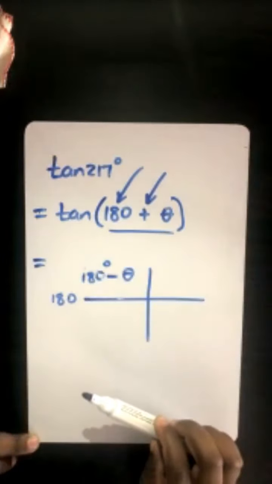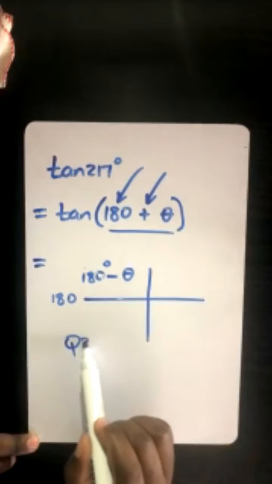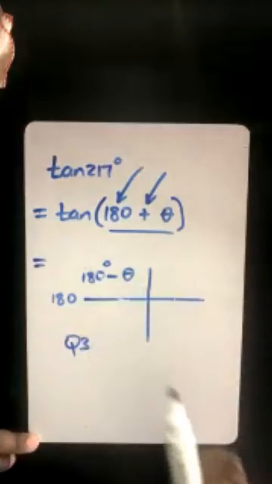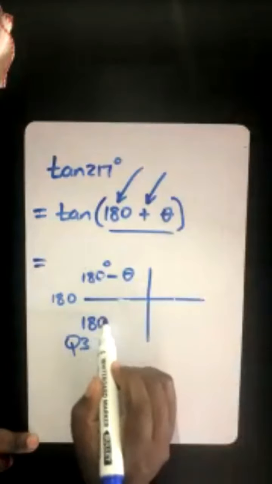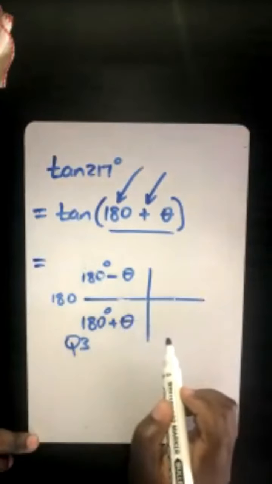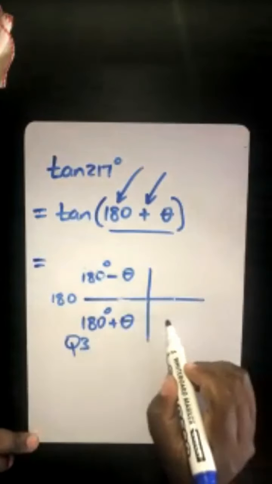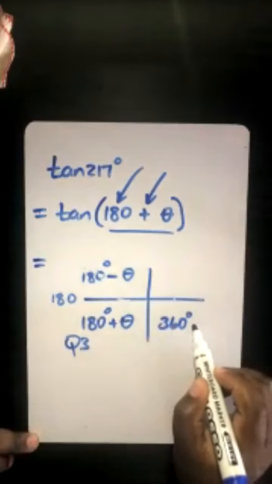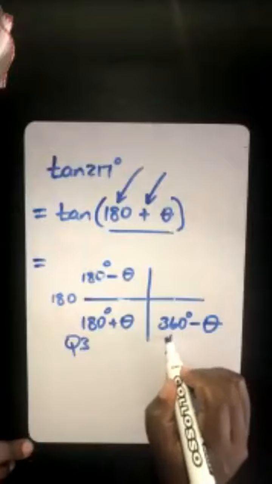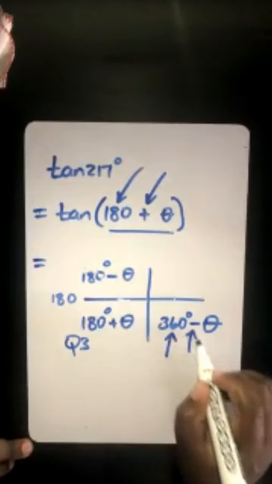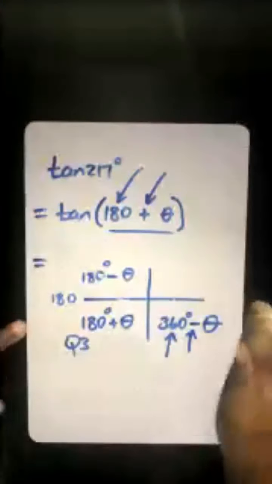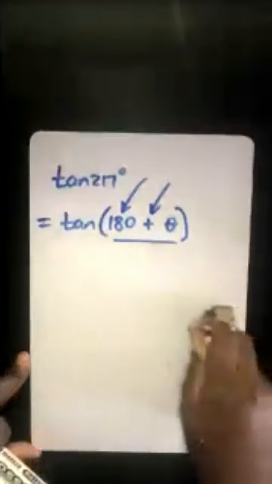But if it's an angle which falls in quadrant number 3, from 180 degrees you add. Can you see? So in this quadrant you have 180 degrees plus an angle. Here, I think it should be 360 degrees minus angle. So this 360 and that minus is what tells you in which quadrant the angle falls. I'm not sure, LB, if it now makes sense.